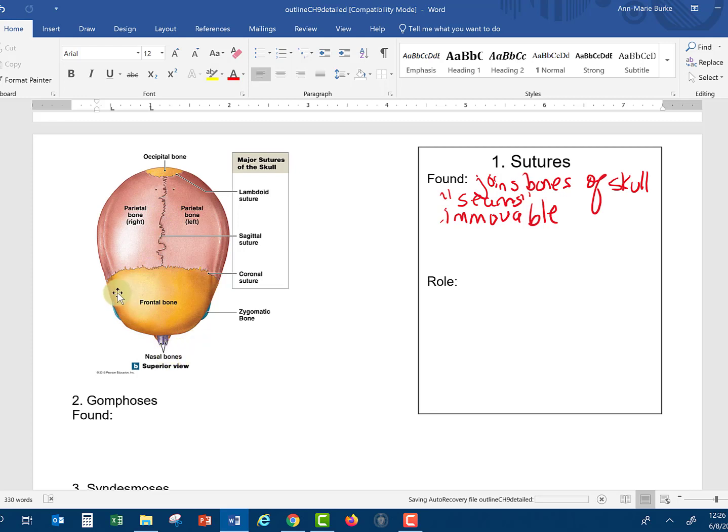Here we have the coronal suture, which separates the frontal bone from the two parietal bones, the sagittal suture, the lambdoid suture, be careful, there's a D there, and then there are squamosal sutures on the side, but you can't see those. So again, sutures join bones of the skull. They are immovable, and the purpose is to allow the brain to grow in children.